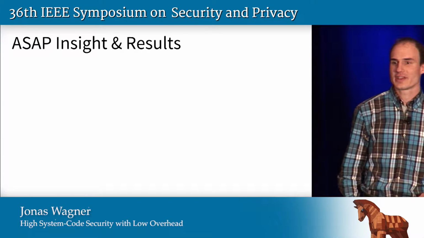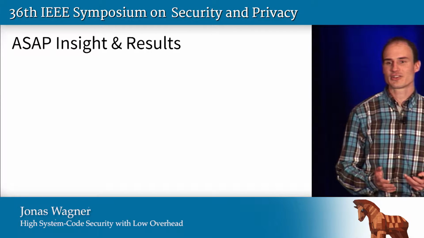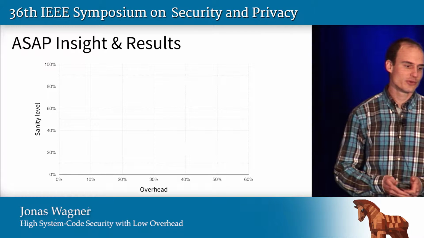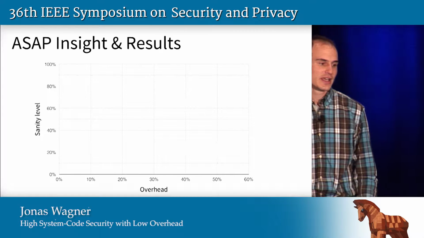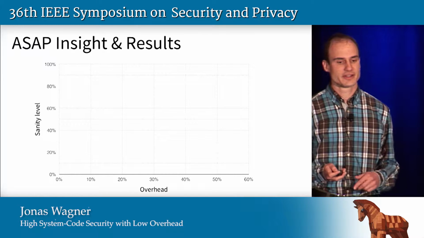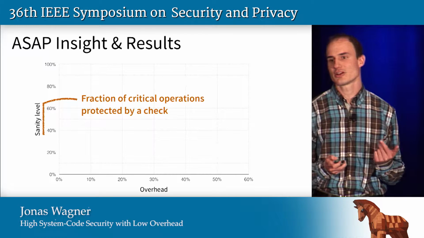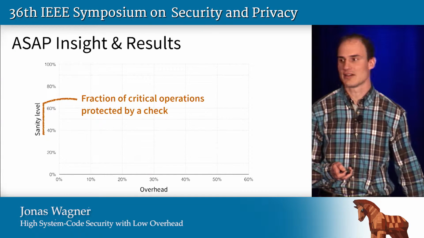Now, the result of using ASAP is rather surprising. We performed some measurements on a number of benchmarks from the SPEC and Phoronix benchmark suites, and we measured both the overhead of instrumentation as well as the amount of protection that you can get. We measured the fraction of critical operations in a program that are protected by checks and call this the sanity level.